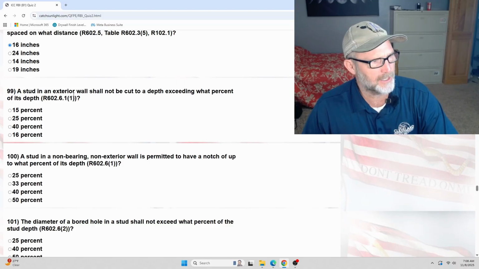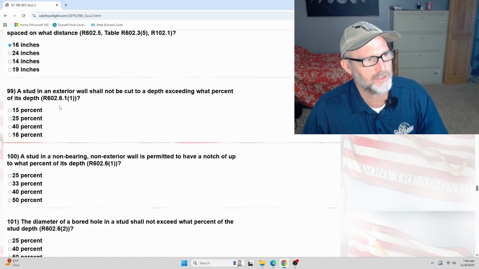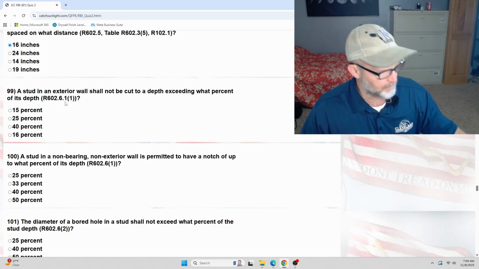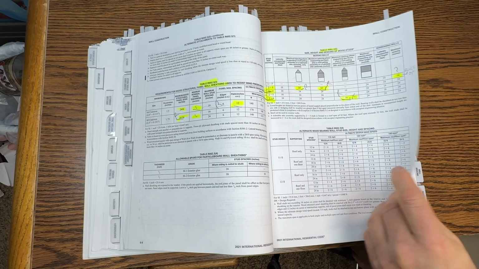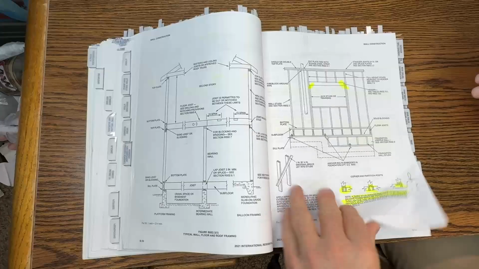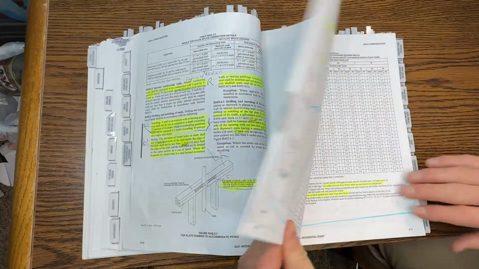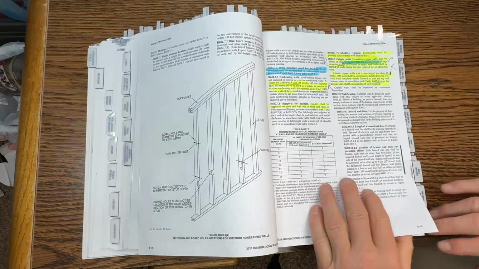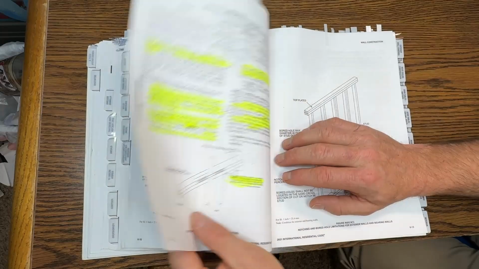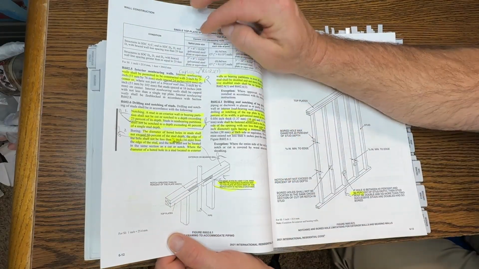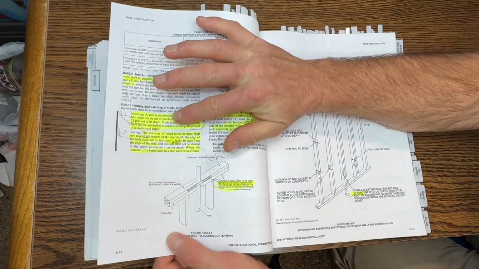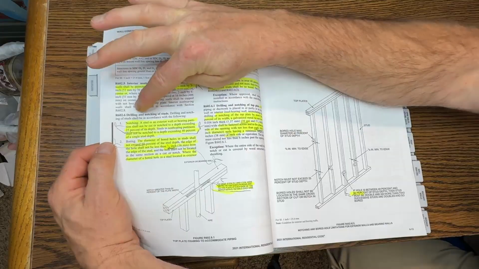All right, let's go to 99. A stud in an exterior wall shall not be cut to a depth exceeding what percent of its depth? R602.6.1(1).